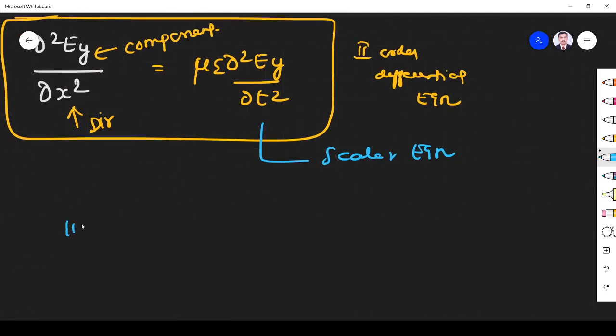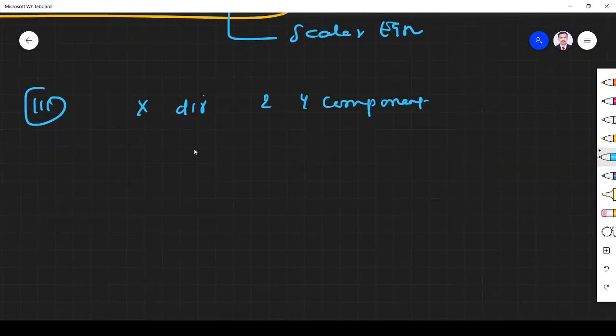What is the third point we have to remember? We assume that the wave propagates in x direction and has only y component. So wave propagation in x direction means what? Let me draw the diagram, then you will understand.